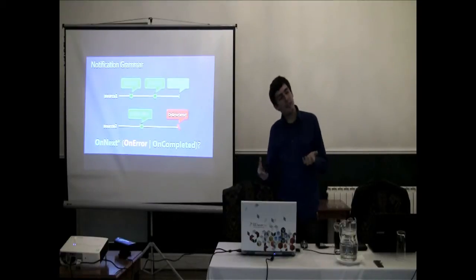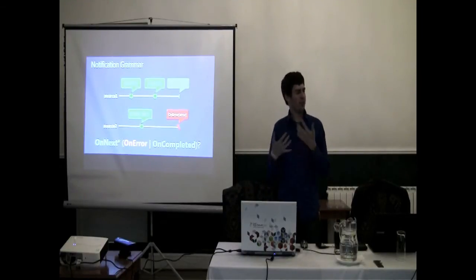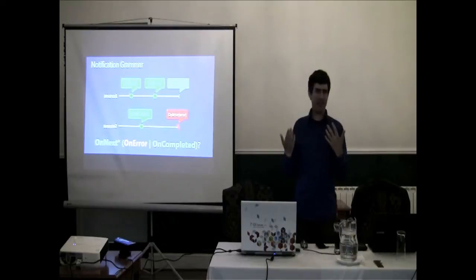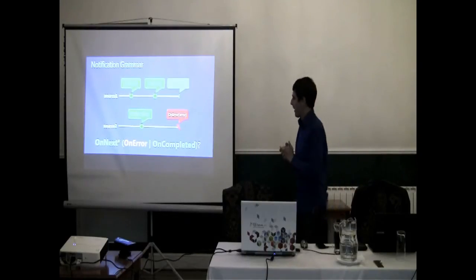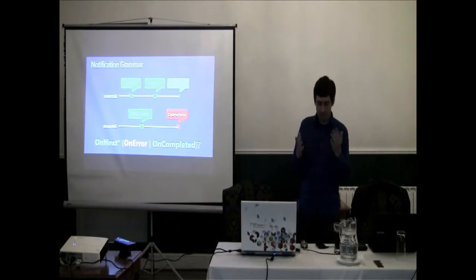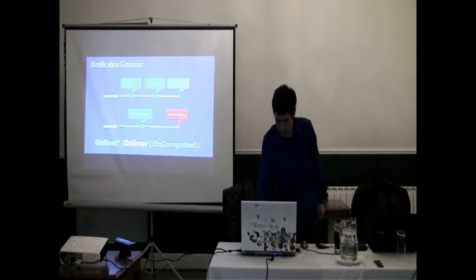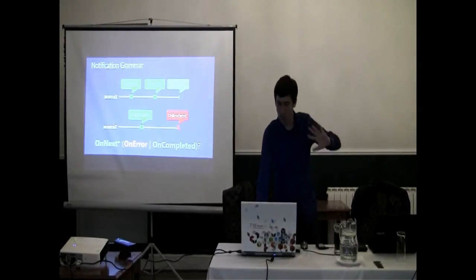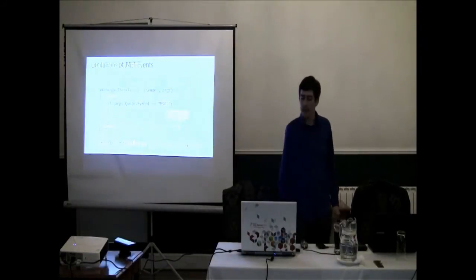Maybe we could do something in the Rx space as well. It's an interesting exercise to think about what it would even mean to parallelize an event sequence. It's actually possible to think about that as well. But today, no overlapping notifications on next, on error, on completed.